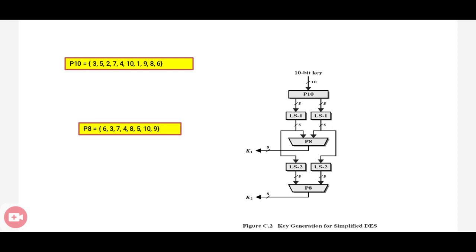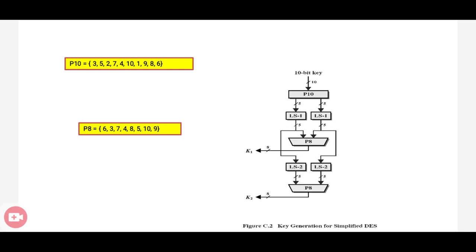Then combine that output and permute with respect to 8 bits, producing an 8-bit key, that is K1, the first round key. Then after the first left shift, we perform a second left shift, LS2, then a P8 permutation, producing an 8-bit key, that is K2.